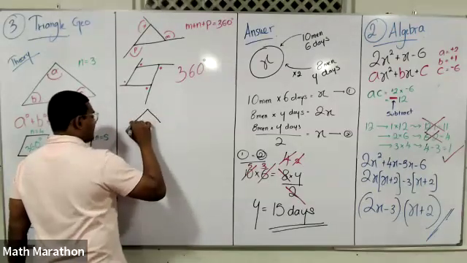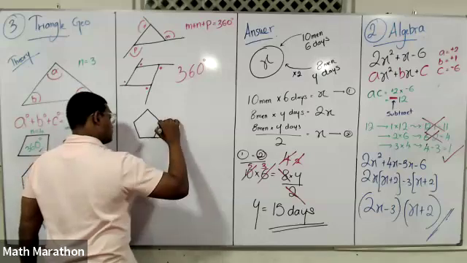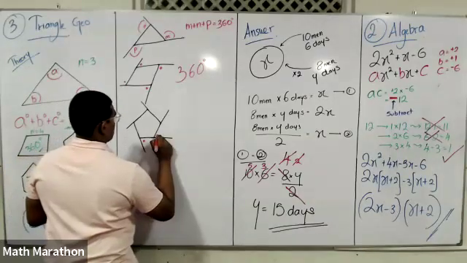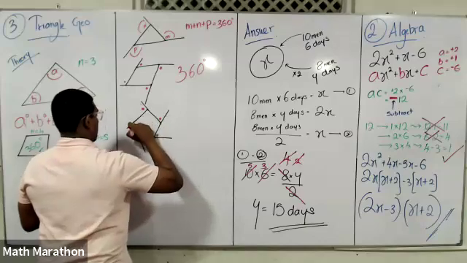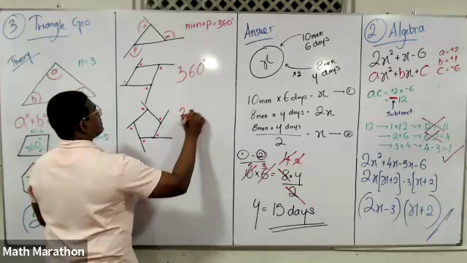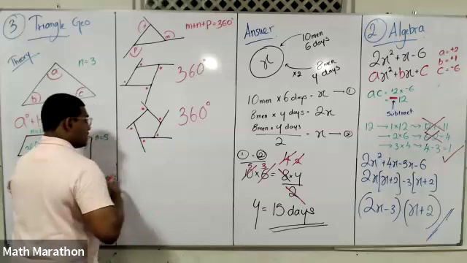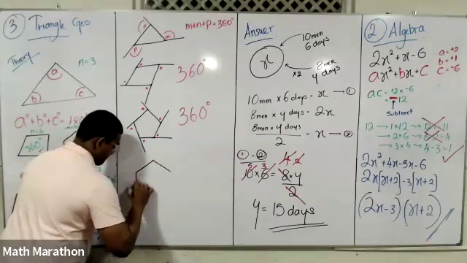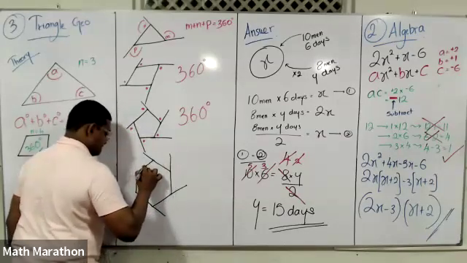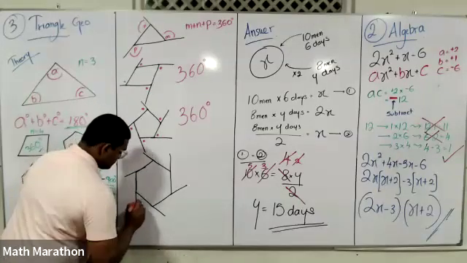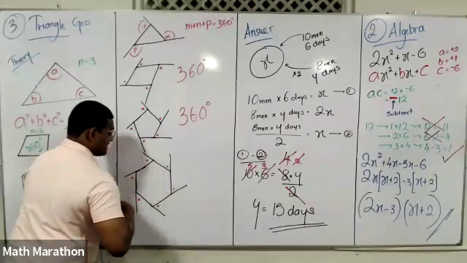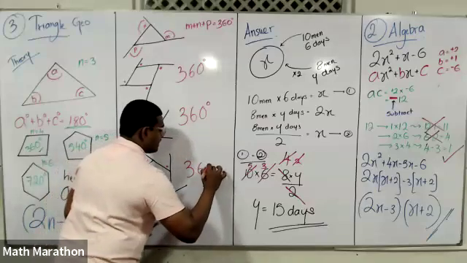Then for a pentagon, what is the sum of the exterior angles? 360 degrees. For a hexagon, sum of the exterior angles, 360.